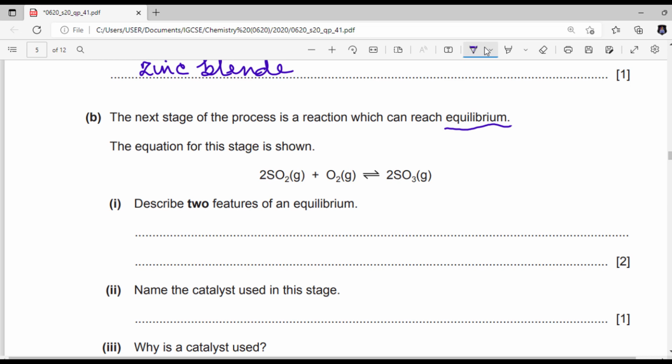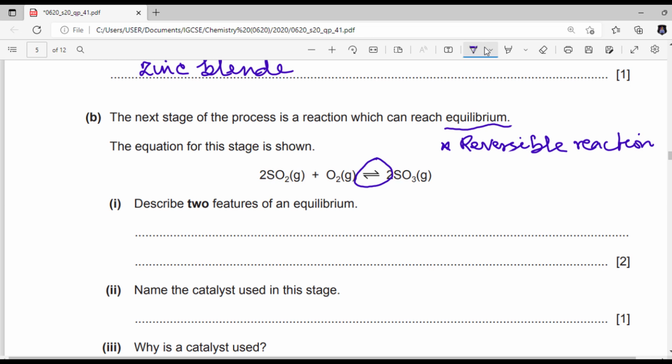Now, for a chemical reaction to attain equilibrium, first off, it must be a reversible reaction. And how will you know a reversible reaction? It is always indicated by the equal backward and forward arrows, right?